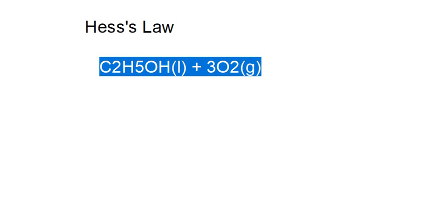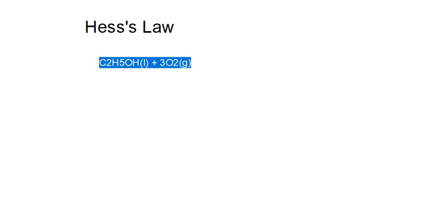Let's make the font a bit smaller. It goes to 2CO2 gas plus 3H2O gas. So that's the reaction. If the question is like this, it will also give us the other reactions.